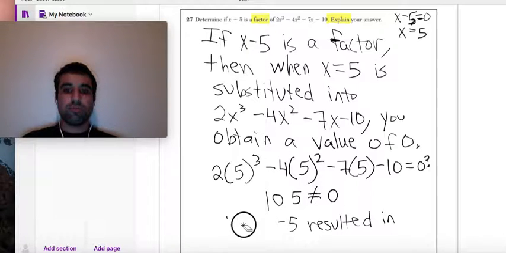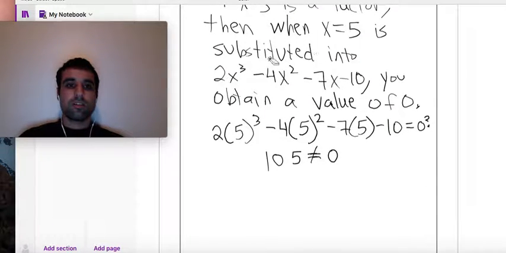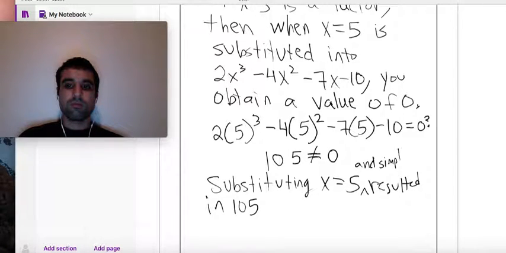We know that at this point substituting x equals 5 resulted in 105. Substituting x equals 5 and simplifying resulted in 105, not 0.